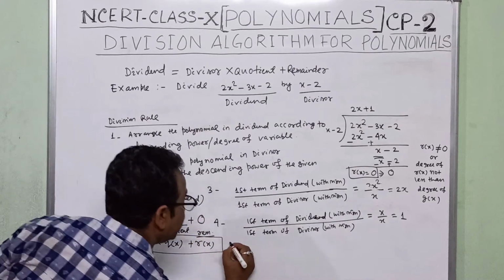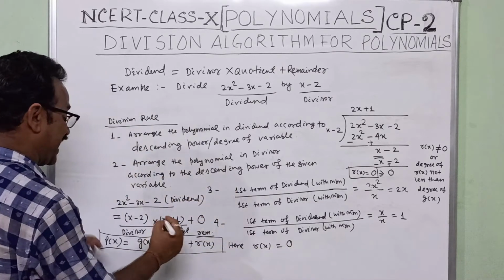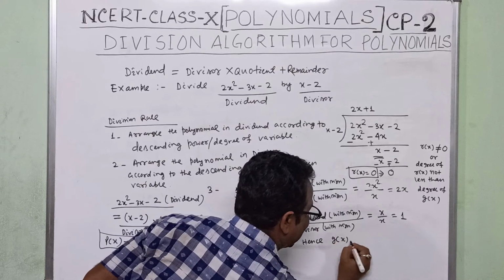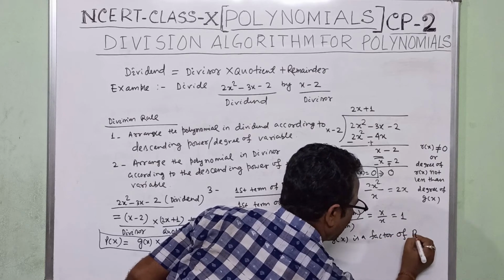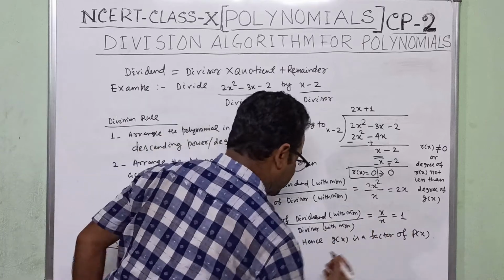But here R(x) is equal to 0. Hence G(x) is a factor of P(x).